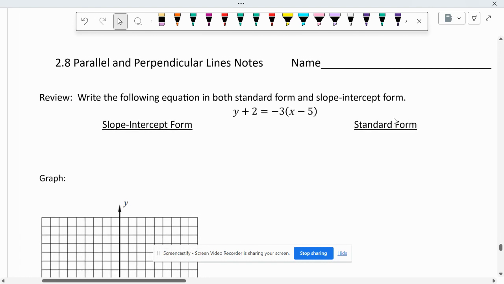So let's talk about, first of all, what do you guys know about a parallel line? They never meet. Okay, what else? Like if you were to think about the ceiling right here.